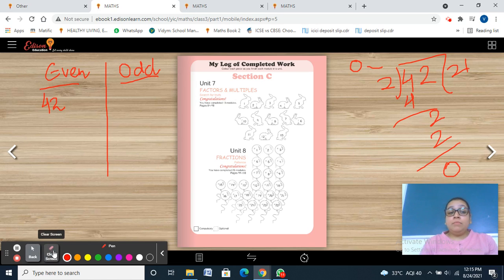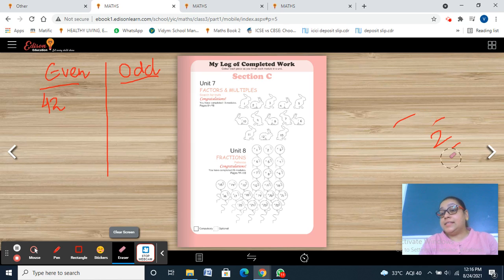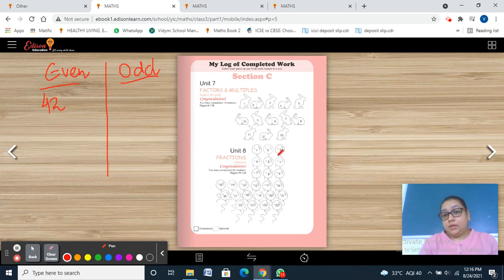So what is an odd number now? When we divide it by 2, just division by 2, not anything else. For example 71, divide by 2, 2 threes are 6, you will get 1, 5, 10, and 1.